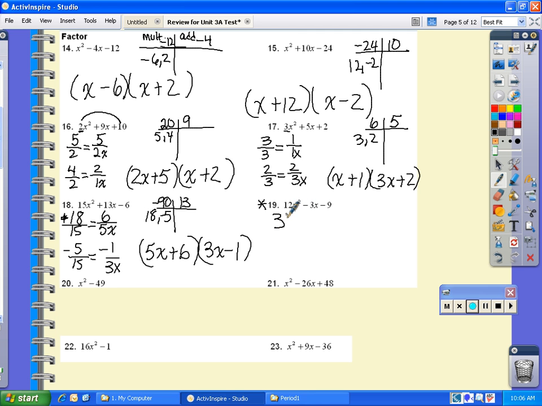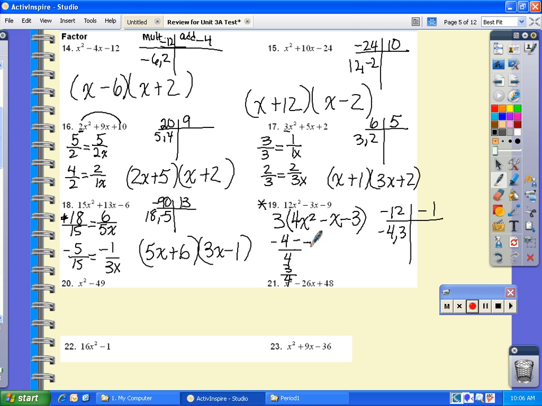So I'm actually going to take out the GCF first, which is 3, and I'm left with 4x squared minus x minus 3. Now I'm looking for two numbers that when I multiply, I get 4 times negative 3, which is negative 12, and when I add, I get negative 1. Those two numbers are negative 4 and 3. So now I'm going to take those two numbers and write my two fractions, negative 4 over 4 and 3 over 4.